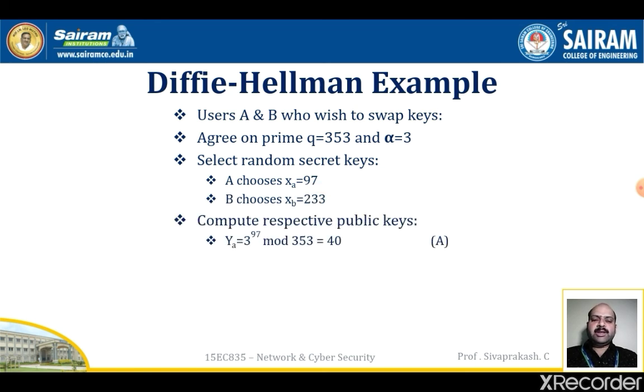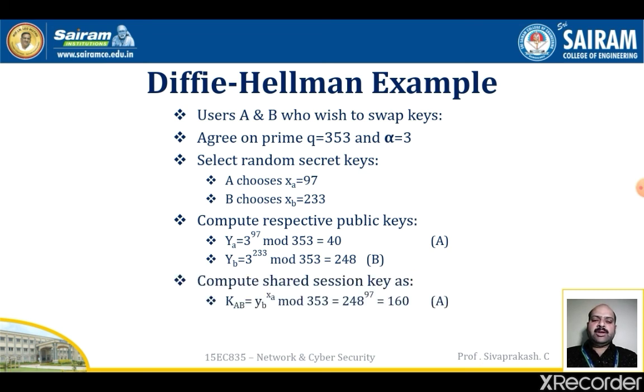They compute the respective public keys: the public key of A is 40 and the public key of B is 248. When they compute the shared session key, A gets the session key as 160. B also gets the session key as 160. This example explains the Diffie-Hellman shared key algorithm.